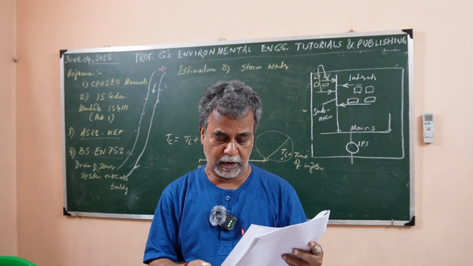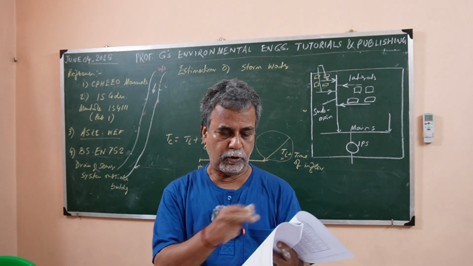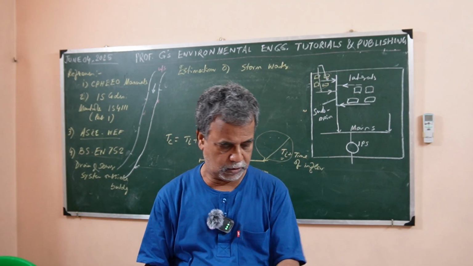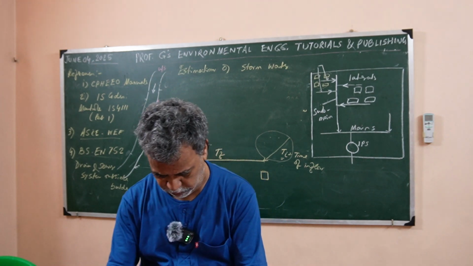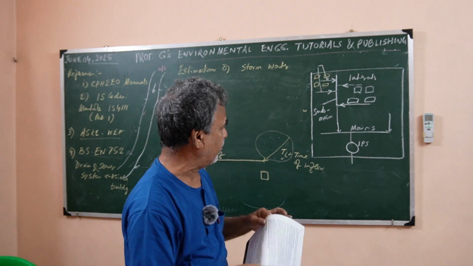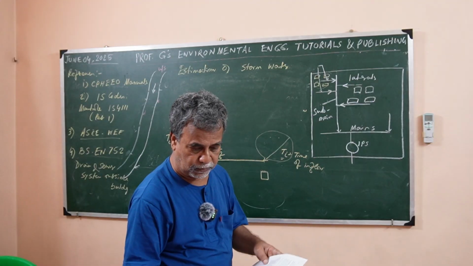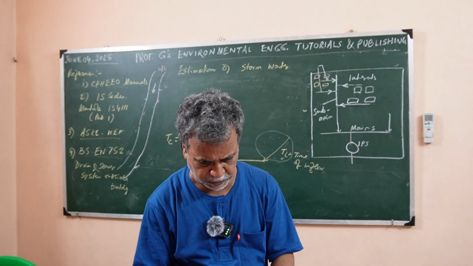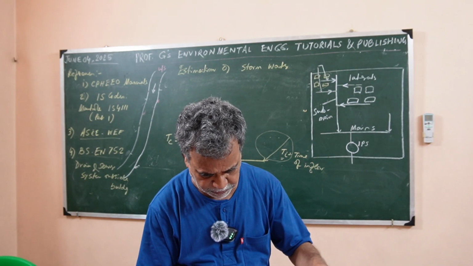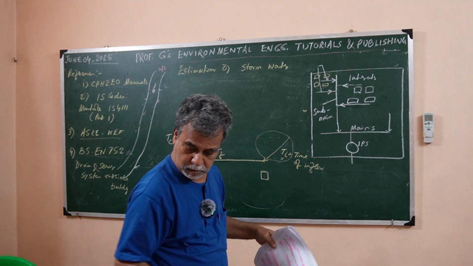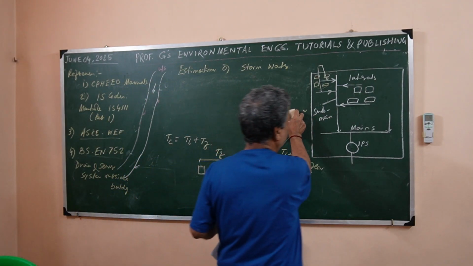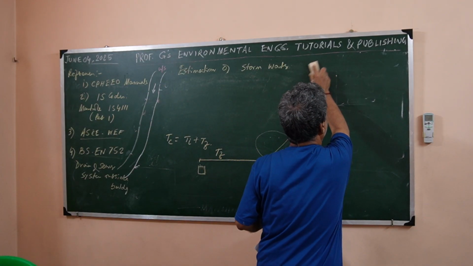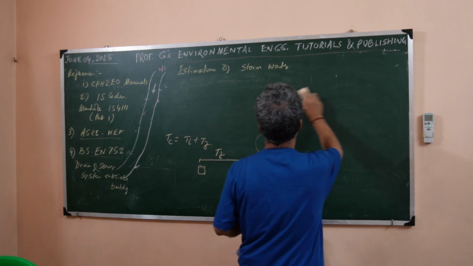Then the hydraulics of flow, that is already discussed. Now, there are some methods to calculate the storm runoff. Let me erase this, because this is related to the sanitary sewerage system.